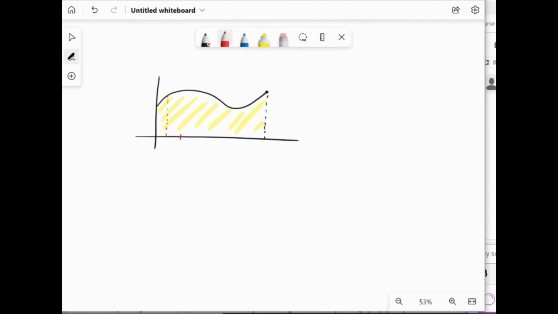If you just divide this 2D shape into smaller intervals and draw rectangles, let's use this point as the height of the rectangle.